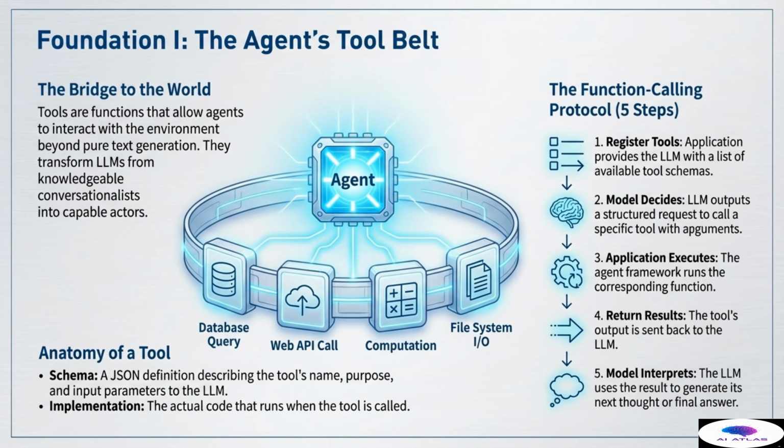Register tools, where the application provides the LLM with a list of available tool schemas. 2. Model decides, the LLM outputs a structured request to call a specific tool with its arguments. 3. Application executes, the agent framework runs the corresponding function. 4. Return results, the tool's output is sent back to the LLM. And 5. Model interprets, the LLM uses that result to generate its next thought or the final answer, concluding the cycle.